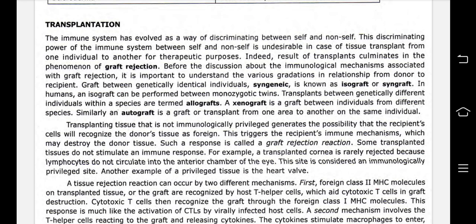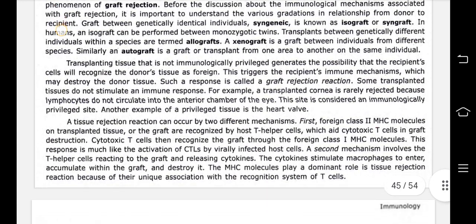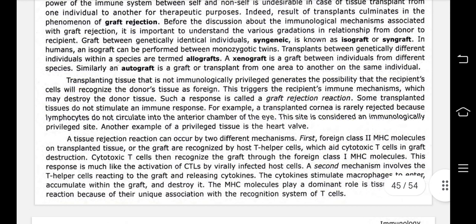Before discussing the immunological mechanisms associated with graft rejection, it is important to understand the various gradations in relationship from donor to recipient. A graft between genetically identical twins, syngenic, is known as an isograft or syngraft. In humans, an isograft can be performed between monozygotic twins.